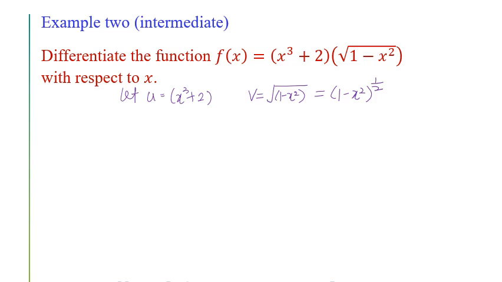All right, so let's do the derivative for u. Differentiate x cubed will just be 3x squared. Differentiate 2 will be 0. Let's do the derivative for v, so it's dv over dx. Step number 1, put down the power. Step number 2, power minus 1. So half minus 1 is negative half times differentiate what is inside here.